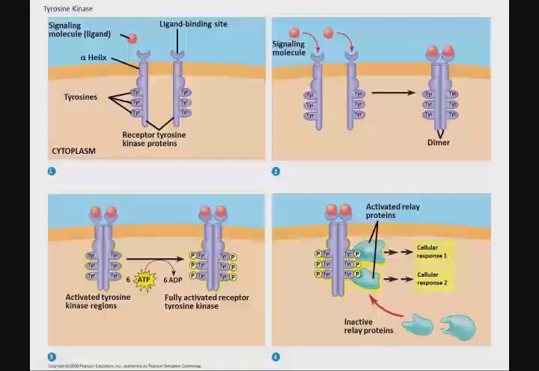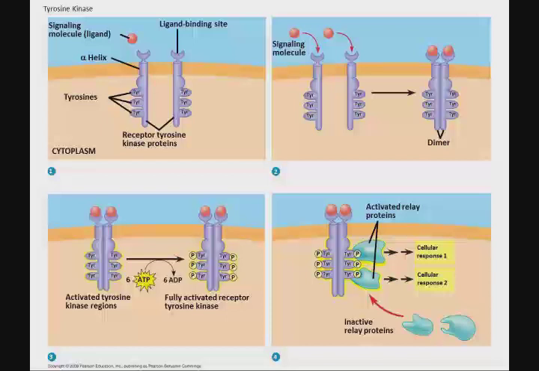By binding the ligand, we activate 2 adjacent tyrosine kinases that then have affinity for each other and form a dimer, which is a protein made of two components, and that dimer is then activated and phosphorylated. So it phosphorylates itself, it self-phosphorylates, and then that phosphorylated version of the receptor can activate other proteins. Those proteins then relay the response into our next step of transduction.